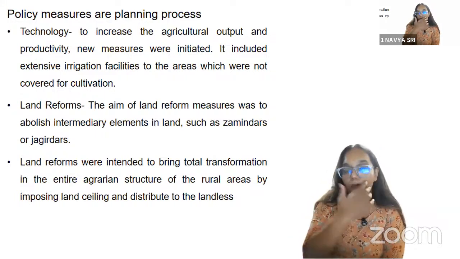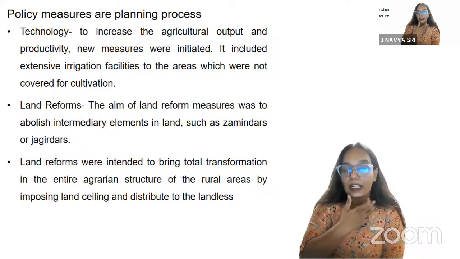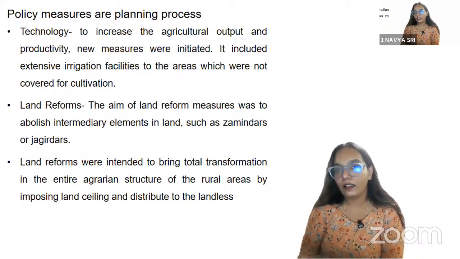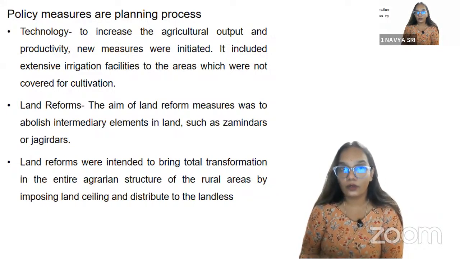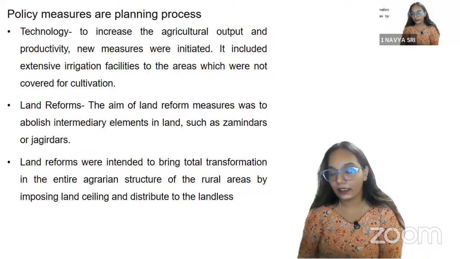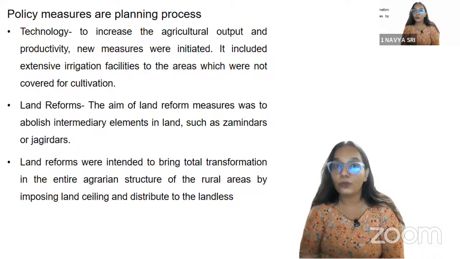Okay, these land reforms were intended to bring total transformation in the entire agrarian society. So what happens is the government took land from the zamindars and distributed it among the landless, so that they could be the owners of their own land and focus on the agricultural facilities or irrigation facilities to produce more yield.